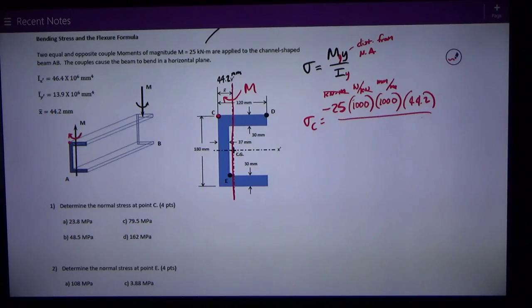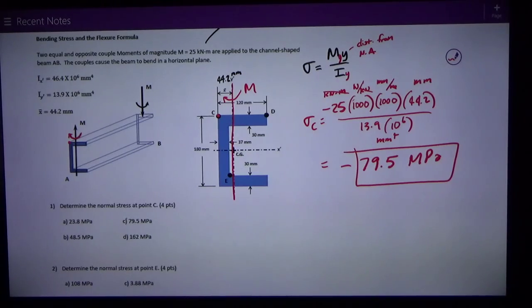And then on the bottom I just need Iy, moment of inertia about the centroidal y-axis, which is 13.9 times 10 to the 6th. That's millimeters to the 4th. On the top I have millimeters for that x-bar distance. And the number works out to be, it's negative, but we don't even ask you for that, negative 79.5 megapascals. That's answer C.